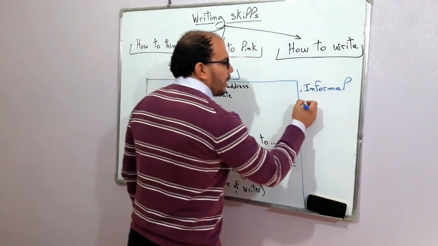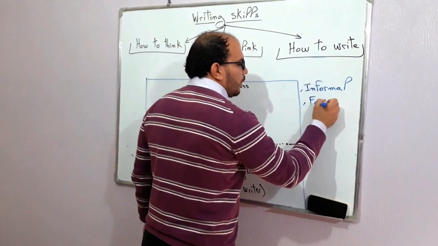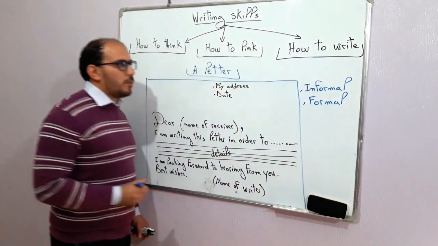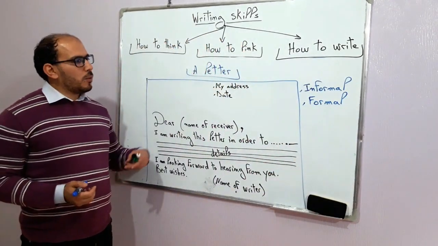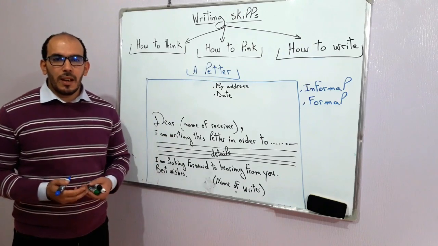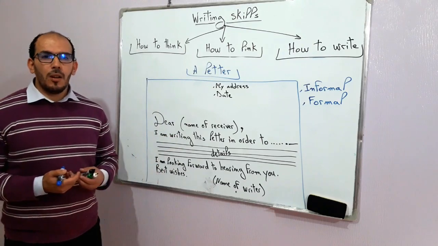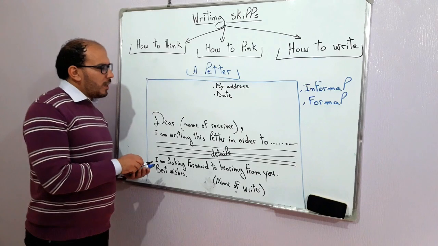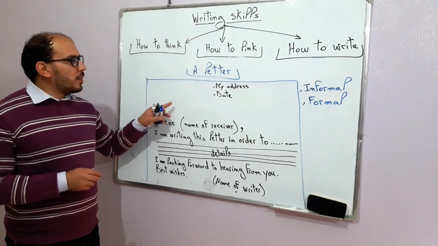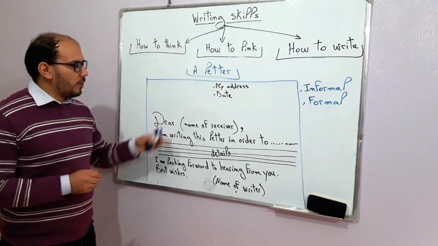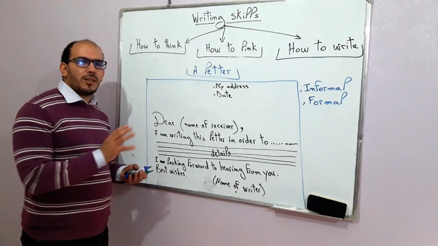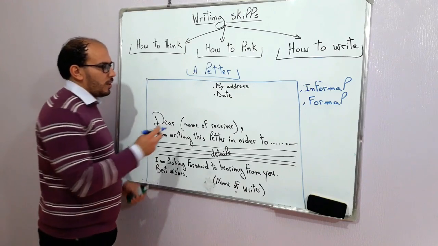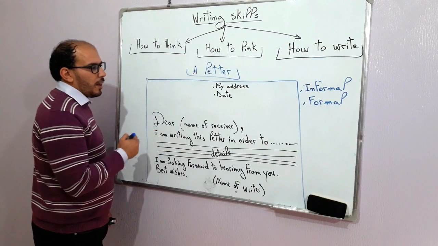The question is, how can I make it formal? When I say formal letter, it means if I want to send a letter to a given administration, how to make it official. For making the same letter in the same text structure official, there are just some changes or things that I have to add.